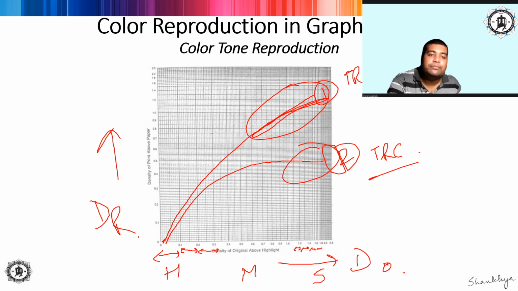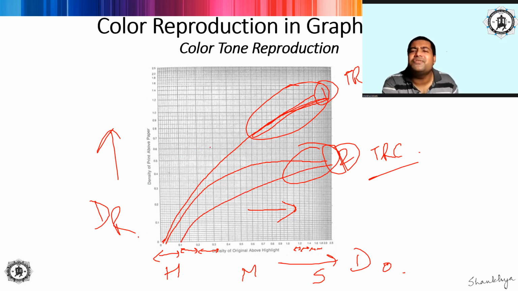So for example, you have not plotted the highlight minimum achievable density properly in your curve or in your graph, as a result of which your graph has shifted a little bit towards the right hand side, right? That means initially your plot started from this point. Now your plot is starting, let us say, from this particular point. Okay, so if this is the nature of the curve, then don't you think the entire reproduction will become too dark?